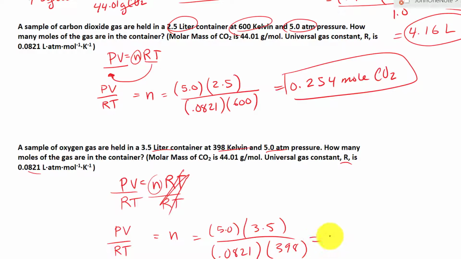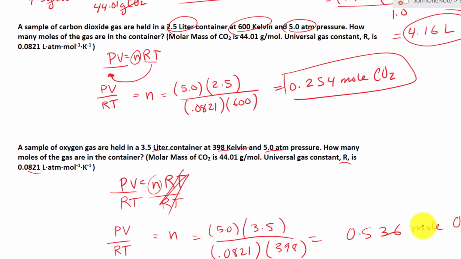And now, let's plug into a calculator. 5.0 times 3.5 divided by 0.0821, divided again by 398. And this gives us 0.536. And that would be the unit of moles of O2. There you go.